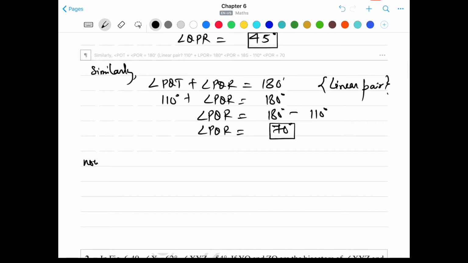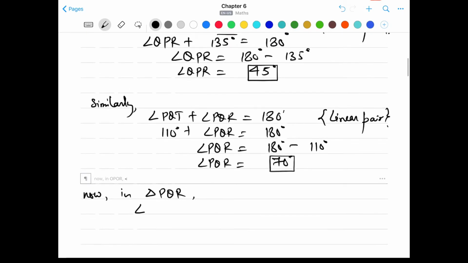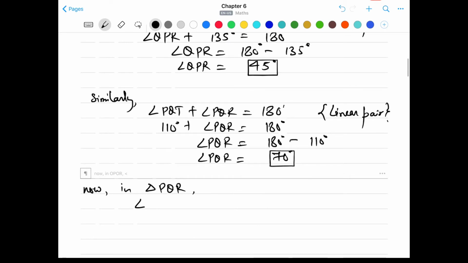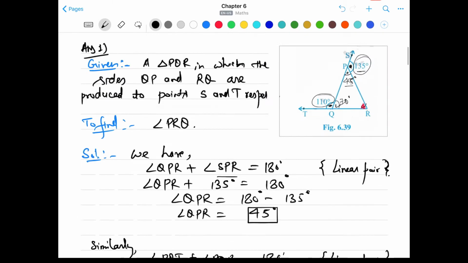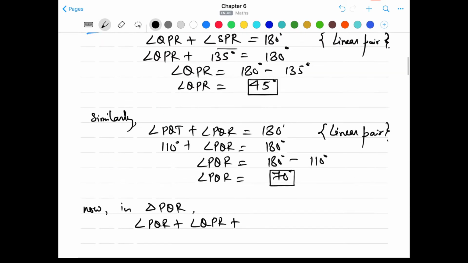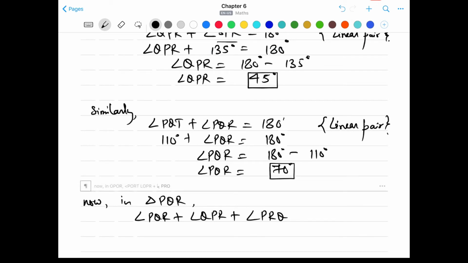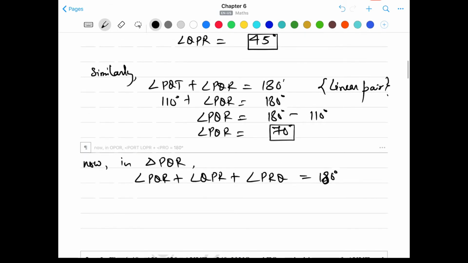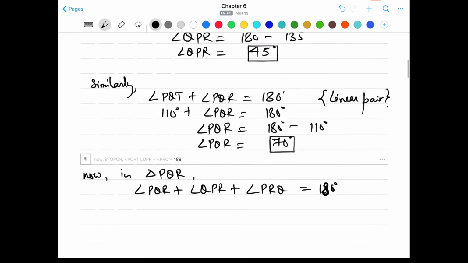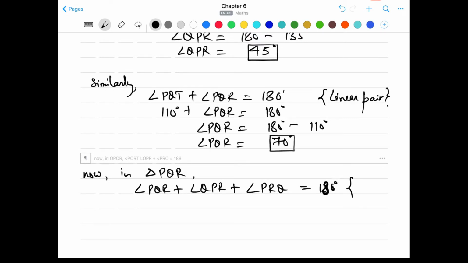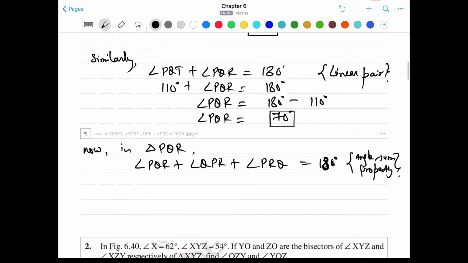Now in triangle PQR, the sum of angle PQR plus angle QPR plus angle PRQ will be equals to 180 degree, and this is by theorem 6.7, which is the angle sum property of a triangle. Simply we'll write angle sum property of triangle.